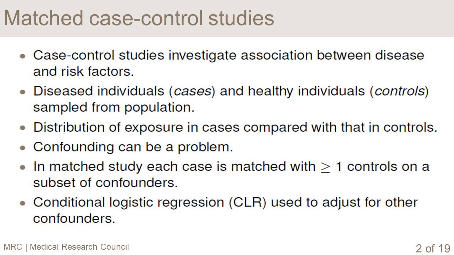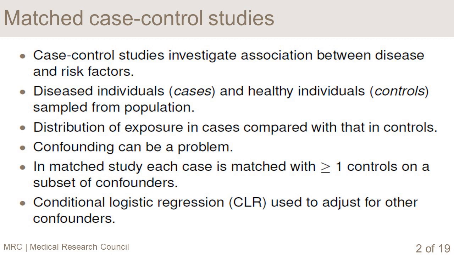So, matched case control studies. Case control studies in general are used to investigate the association between a disease and some putative risk factors. They involve sampling a set of diseased people, these are the cases, and a set of corresponding undiseased individuals, these are the controls.